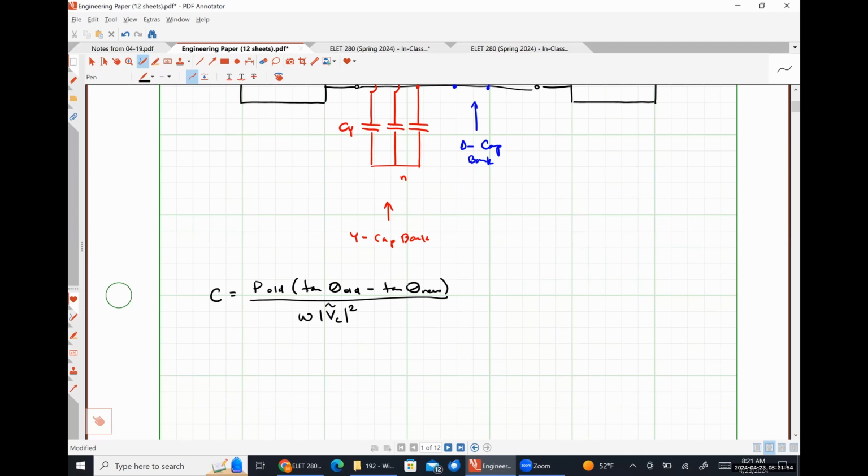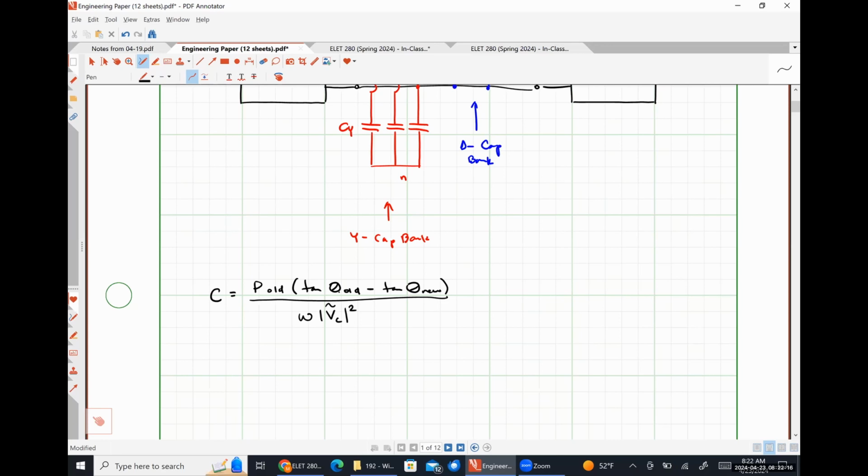We're going to use this exact same equation, except that we need to make a couple of quick notes here. So this P old is a single phase power. We need to make sure, even in a three-phase power factor correction system, that we are using the single phase power.